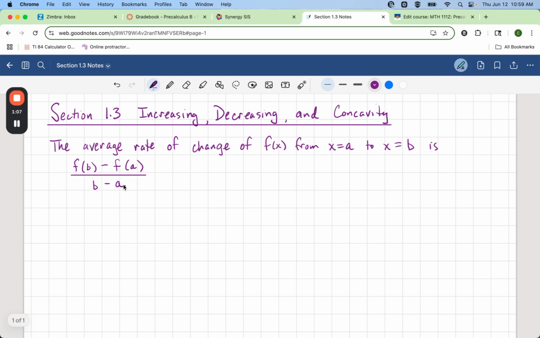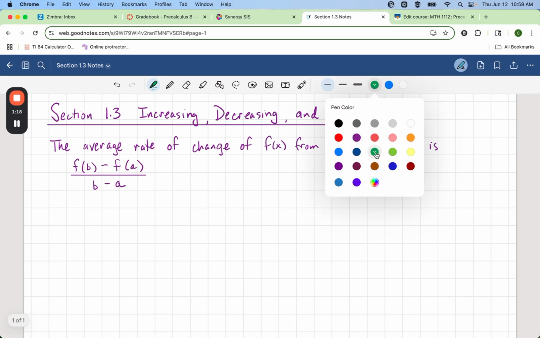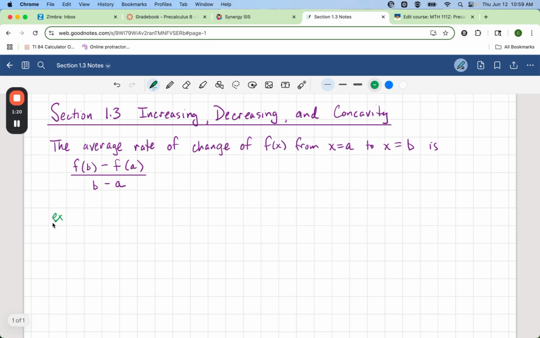That should look strangely familiar. It's basically a slope. Like I just said, this is extremely important going forward. You will see rates of change in calculus. All right, let's do an example.